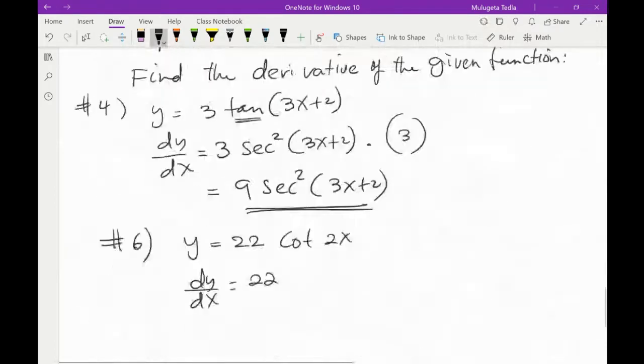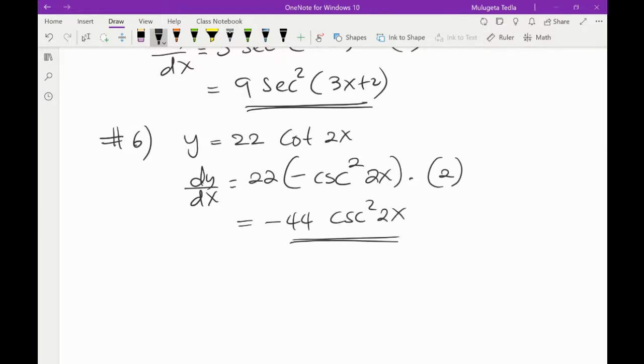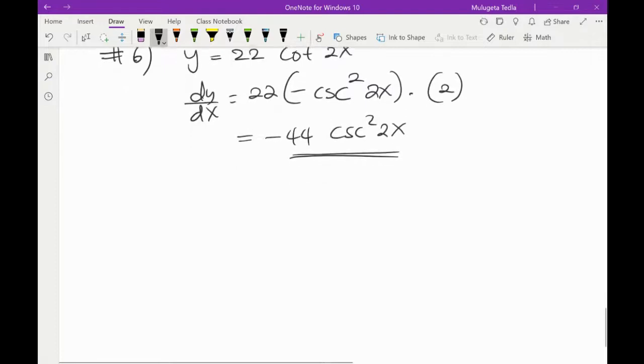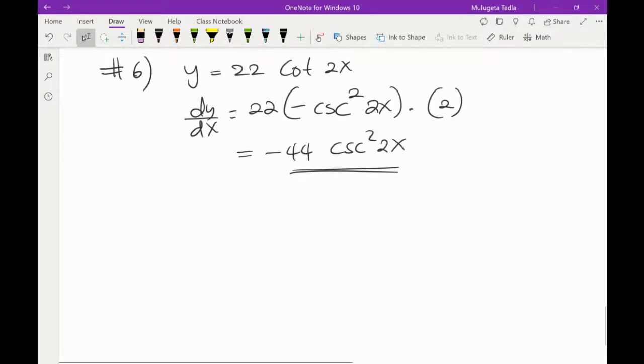So minus cosecant squared of 2x, the angle, times the derivative of the angle, which is 2. So it is minus 44 cosecant squared of 2x is the answer. So it's a short, two-step question. It's very important that you know the derivative of each function.